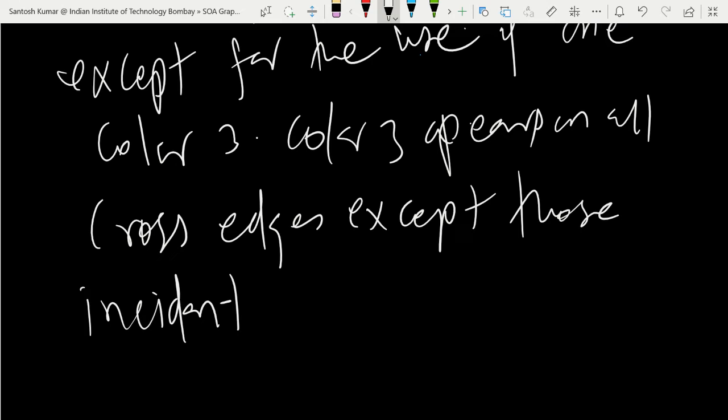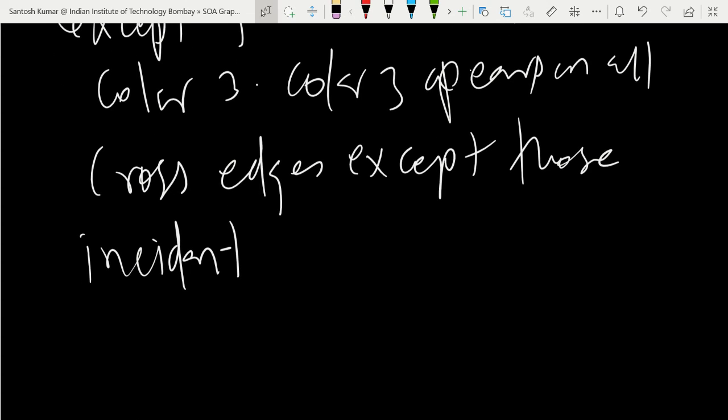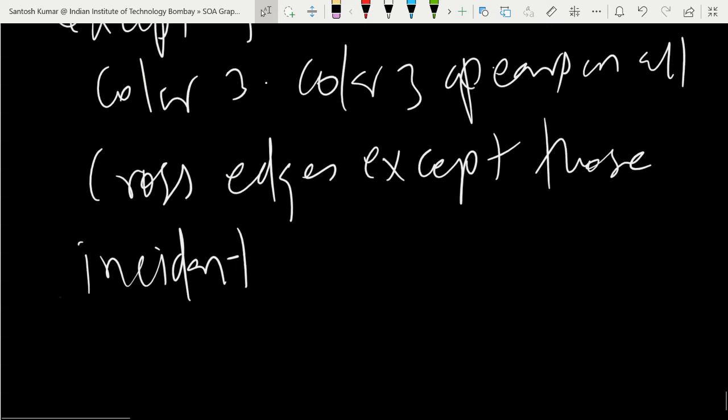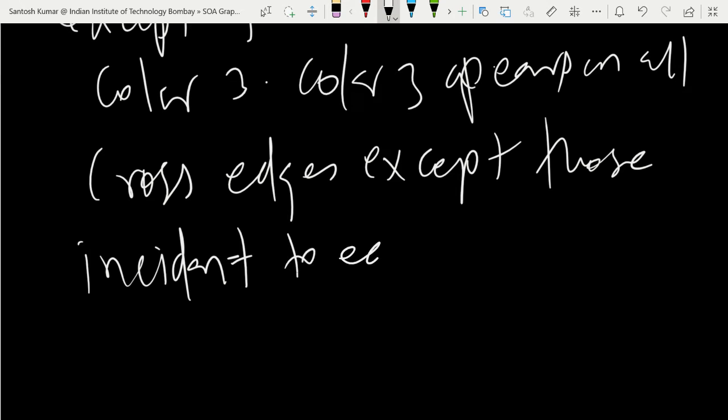You can write this in your own language. You did three experiments, so you can notice something and write that in your own words. I'm just writing in my way; you can write in your own way. You just have to convince them. So how will you draw? Incident to edges.